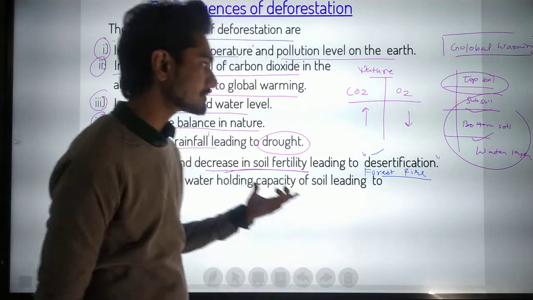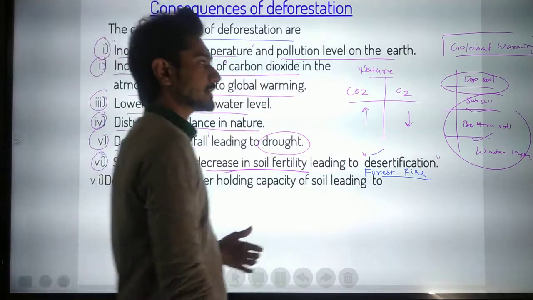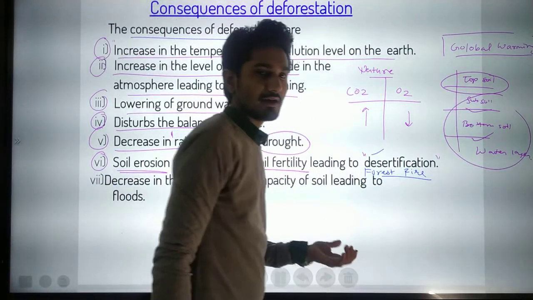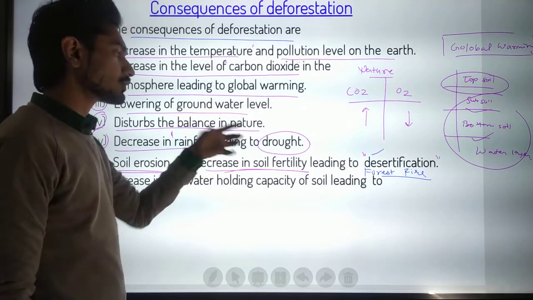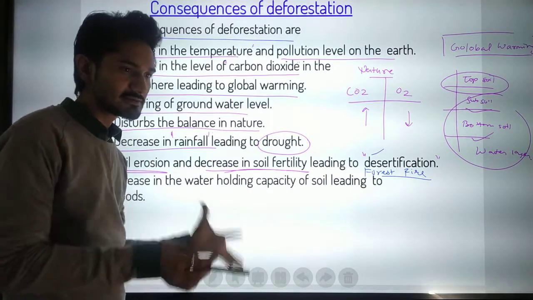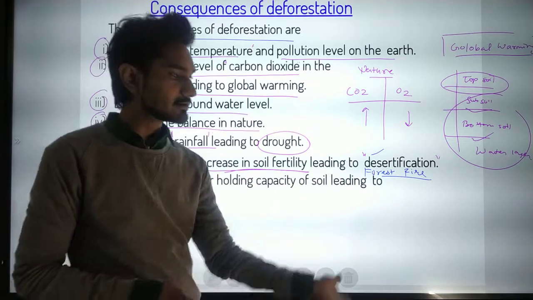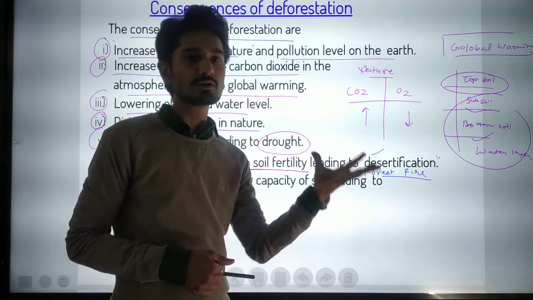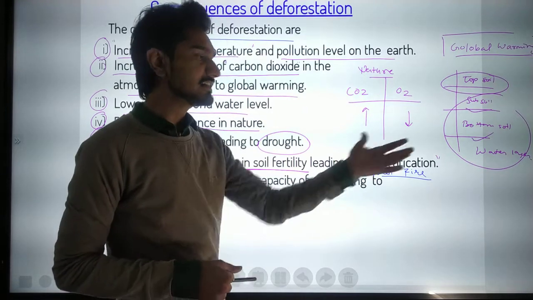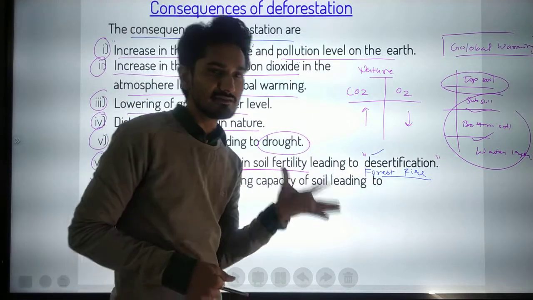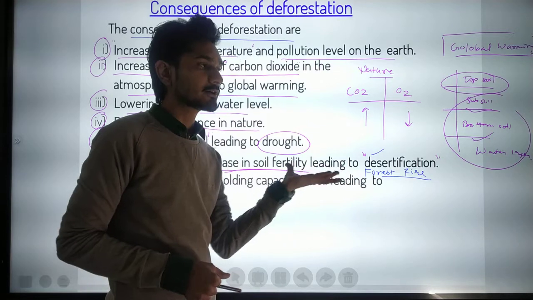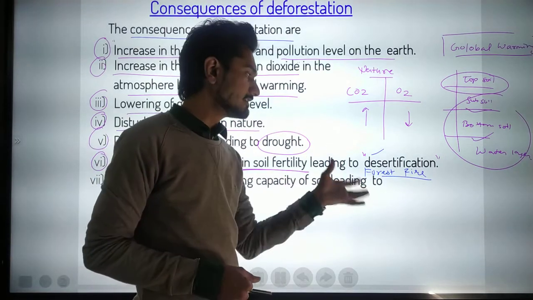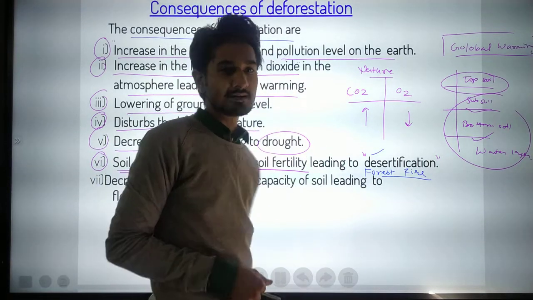We are creating that because we are cutting down the trees. We are removing the layers over there, and due to that drought is created, the plants cannot grow there, and the drought leads to desertification.